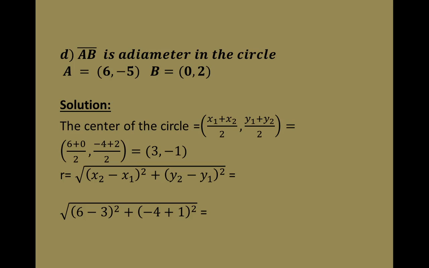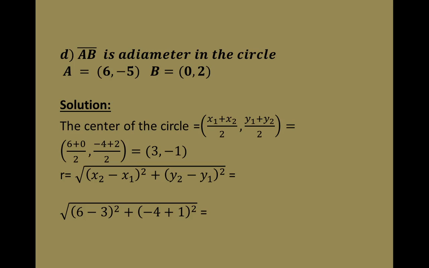Here the center of the circle is 3 and negative 1. The radius equals square root of x2 minus x1 power 2 plus y2 minus y1 power 2. Here the radius equals the square root of 6 minus 3 squared plus negative 4 plus 1 all squared.